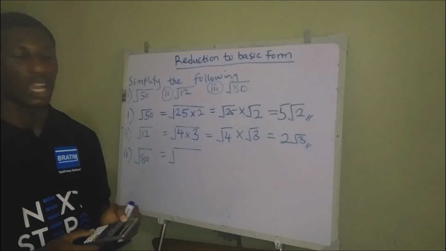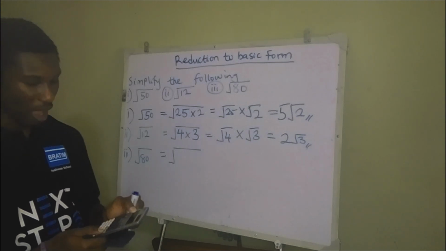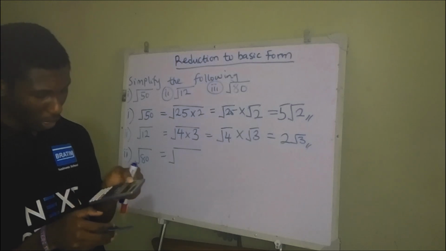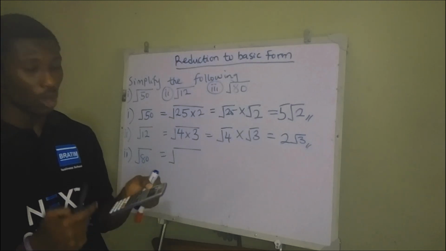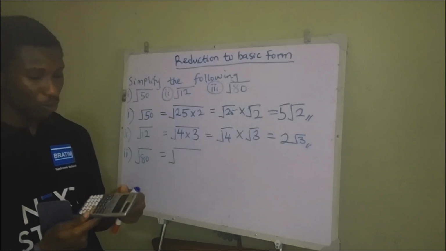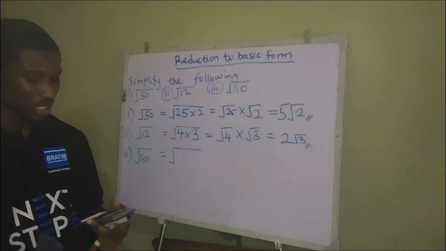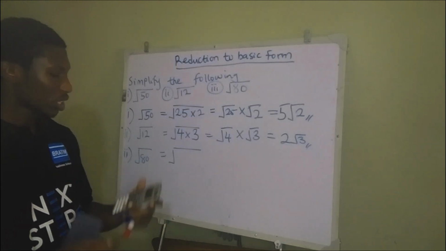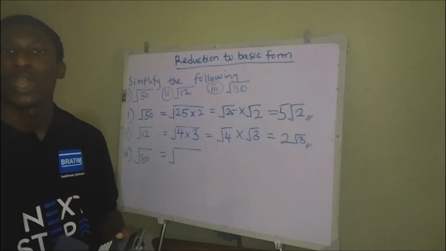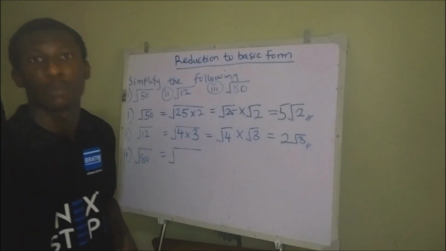What other number can you think of? Let's try 5. If you are with your calculator, you can be punching it. 5 will give us 16. That means 80 divided by 5 is 16. Since 5 is a factor, is 16 a perfect square? Yes, 16 is a perfect square.